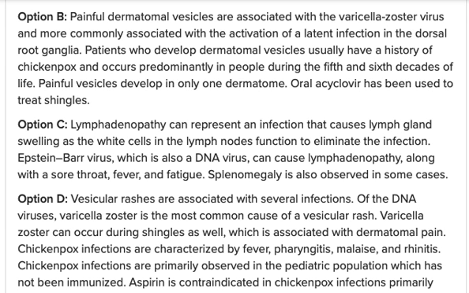Patients who develop dermatomal vesicles usually have a history of chickenpox and it occurs predominantly in people during the 5th and 6th decades of life. Painful vesicles develop in only one dermatome. Oral acyclovir has been used to treat shingles.